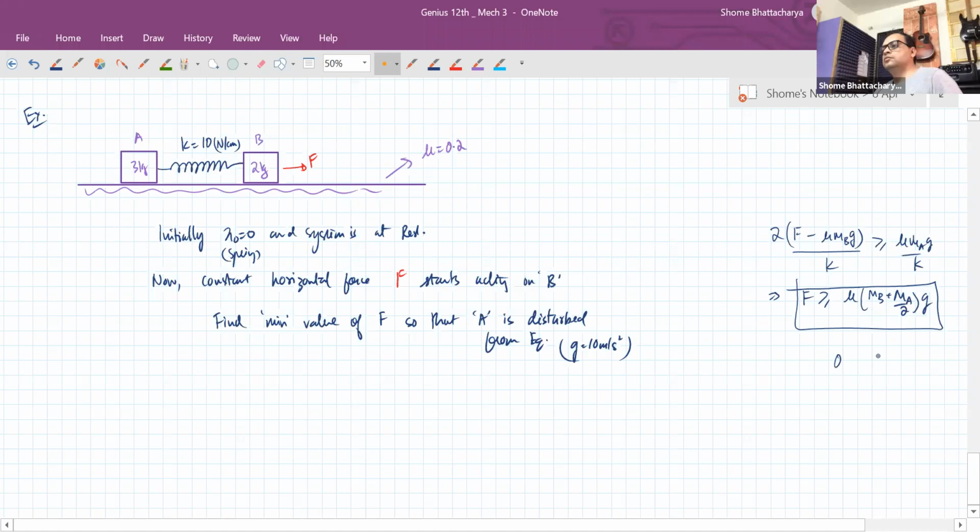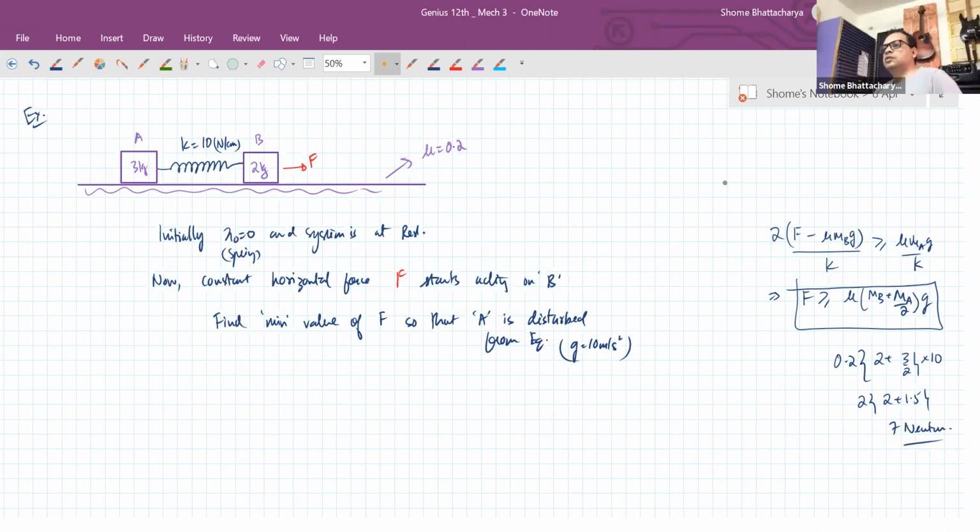So in this case, it is 0.2 into (2 plus 3) by 2 into 10, which is 7 newtons. Yeah, check. Yes, Somadev, your answer is correct.